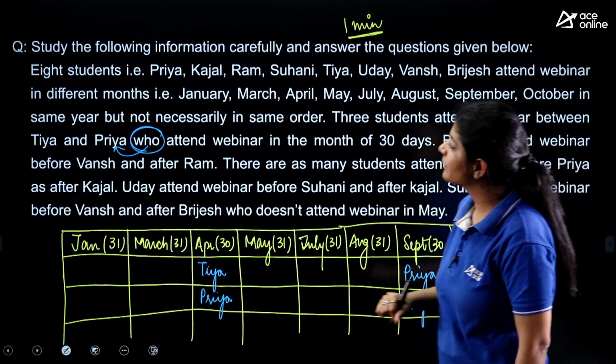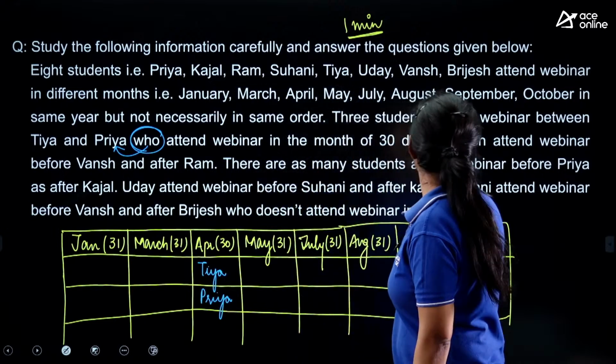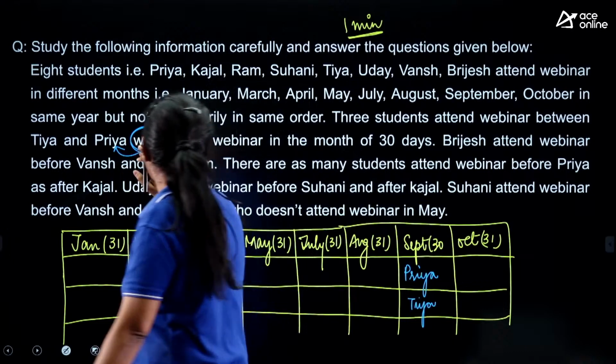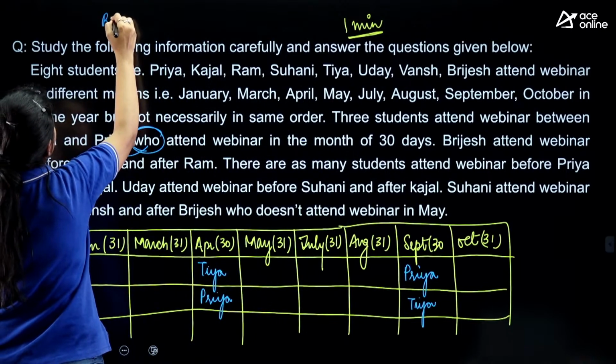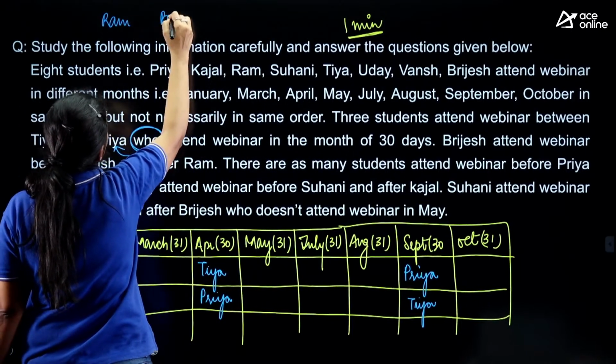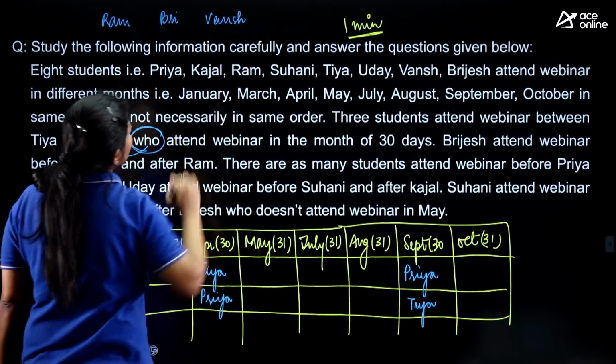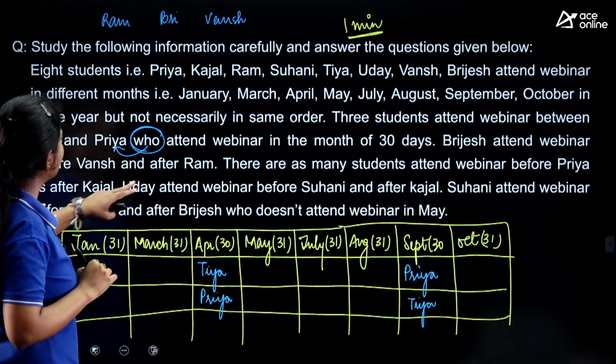Right? Next. The next clue says that Brijesh attends the webinar before Vansh and after Ram. So here Ram, then Brijesh and Vansh. We need this type of arrangement, right? Next.